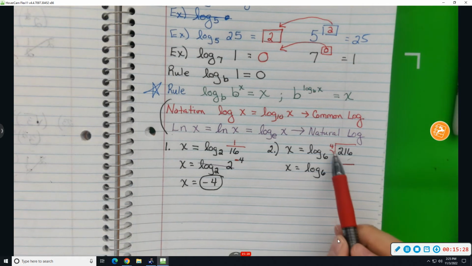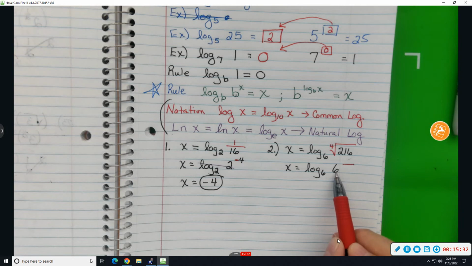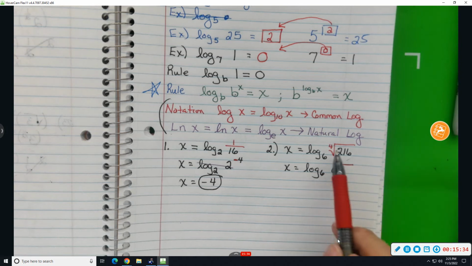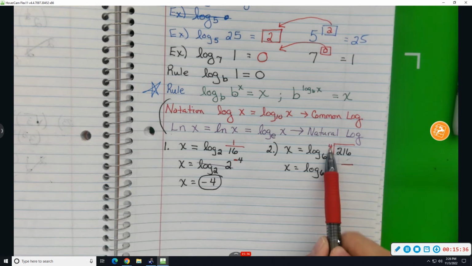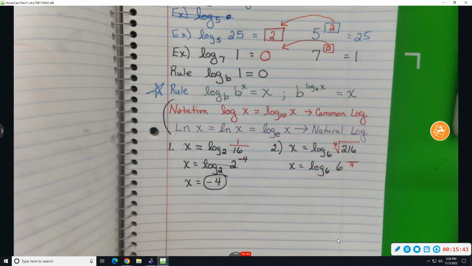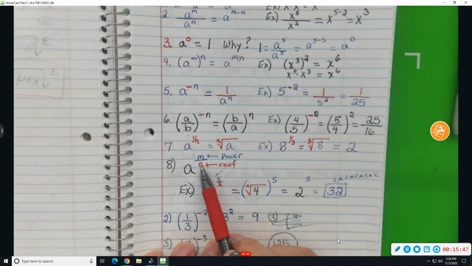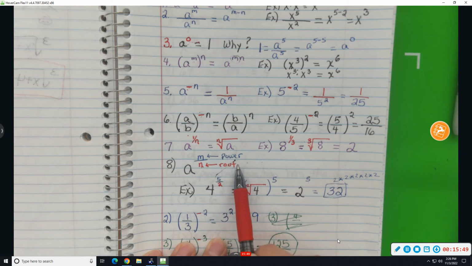How am I going to write the 4th root of 216 using a base of 6? Well, let's take care of the 4th root first. The 4th root puts a 4 in the bottom there. Looking back over here, the bottom number on the exponent is the root.